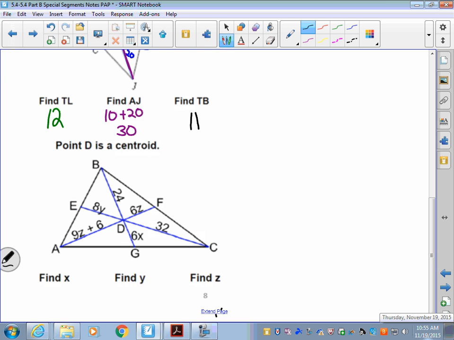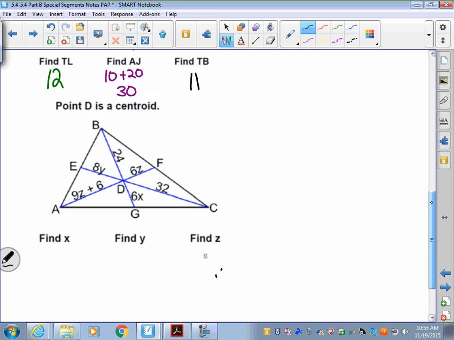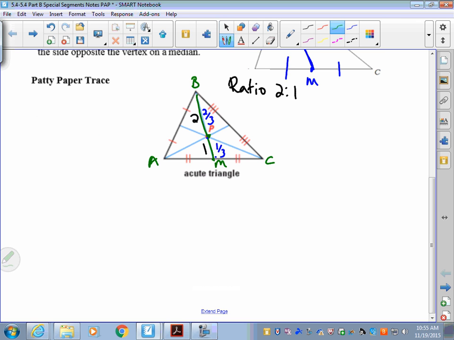On this example here, now we're going to add a couple variables, but we're going to use the same relationship. And there's going to be more than one way to answer it. That's why I want to talk about it. It's always going to be 2 to 1. Let's say I'm looking at this median here.